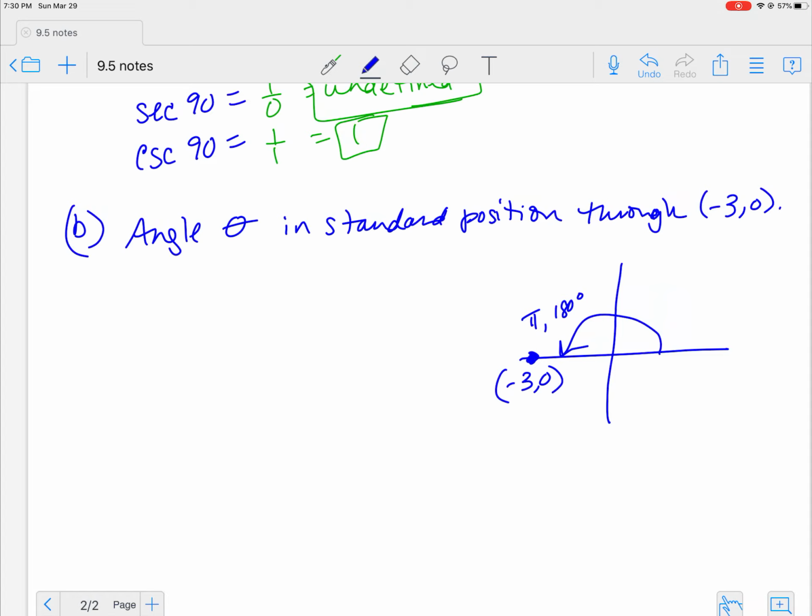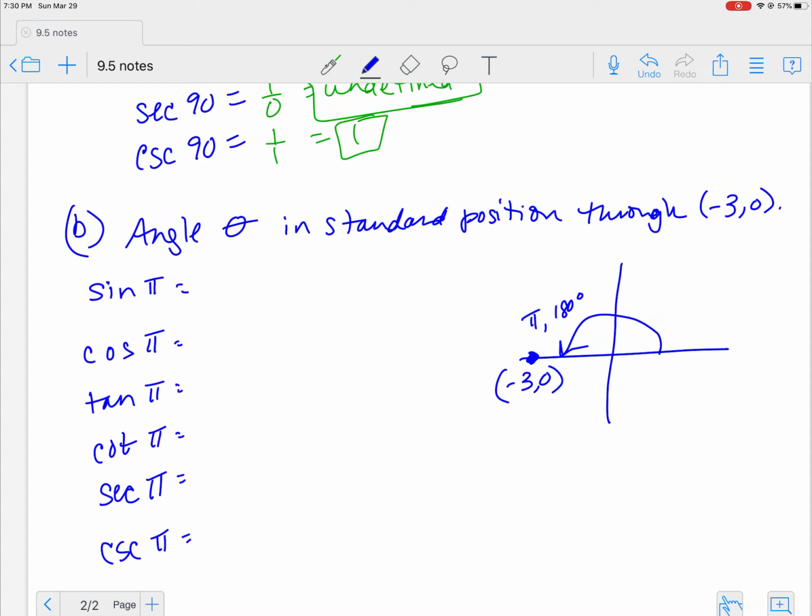If I have the point back here, -3, 0, what is that angle measurement? It's going to be pi or 180 degrees, right? Depending if I'm talking about degrees or radians. So same thing. I want to come up with all of this. I have the sine of pi, the cosine of pi, tangent of pi, cotangent of pi, secant, and cosecant.